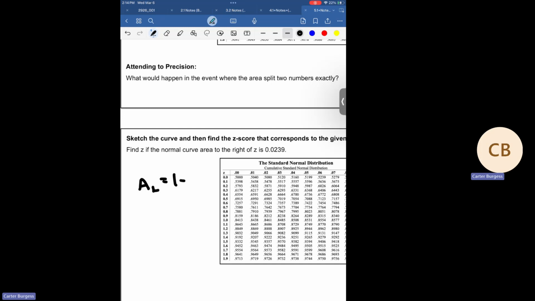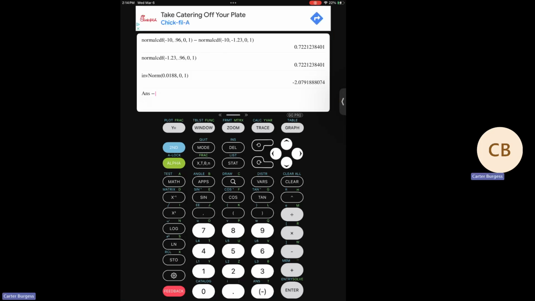1 minus 0.0239. You guys don't even have to do this, but I do. I get 0.9761 for my area to the left, and then I'm just going to do my inverse normal with this 0.9761, and what you guys should get is a z-score of 1.98.